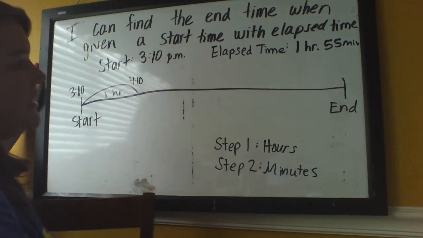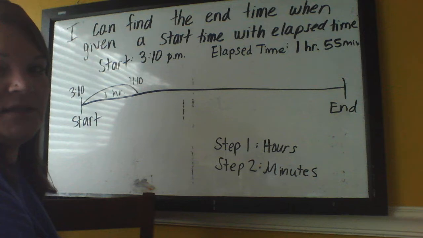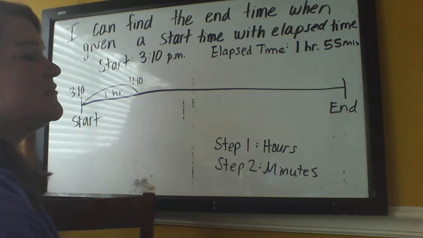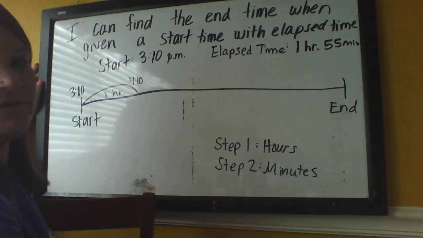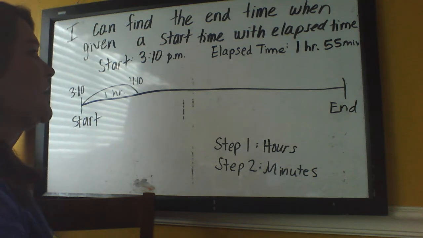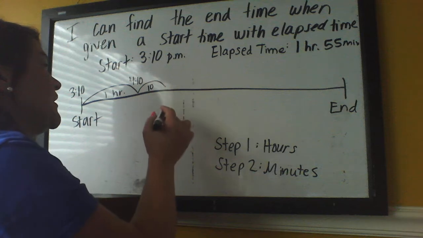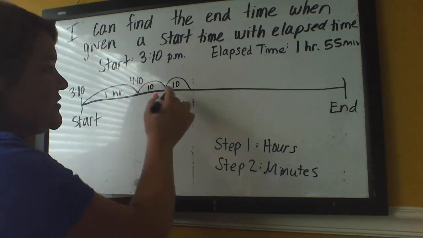Okay? Now I'm going to do my minutes. I have 55 minutes. Well, I always like to break them up into 10 minutes and 5 minutes. So I have to ask myself, for 55 minutes, how many different 10-minute jumps do I need to do, and how many different 5-minute jumps do I need to do? So if I do 10 minutes plus another 10 minutes, that's 20 minutes.